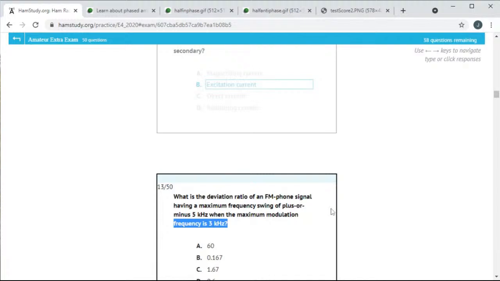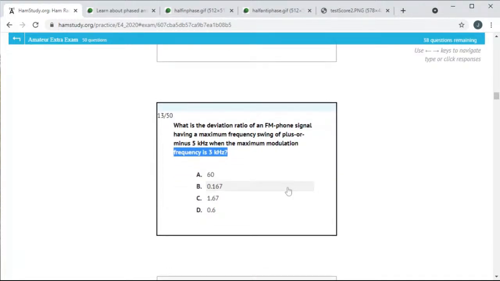You're saying it's a stabilizing current?